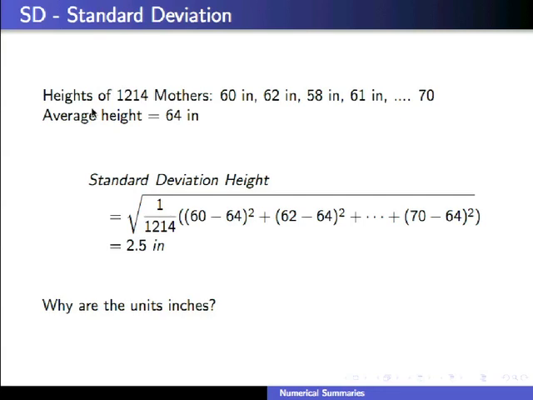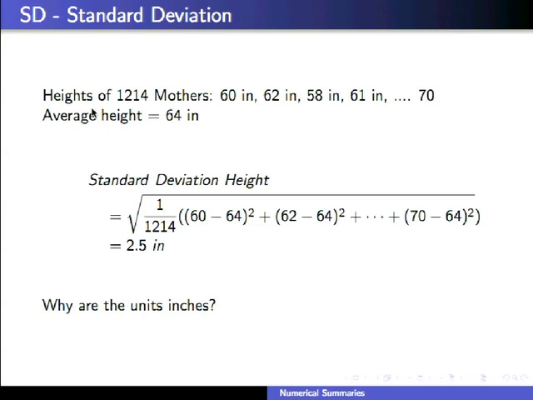Then we add it to the next deviation squared, 62 minus 64 squared, and the next, 58 minus 64 squared. We get all of those sums of squared deviations. Then we divide by the total number and take the square root. That gives us 2.5 inches in this particular case. My question to you is, why are the units in inches? Does that make sense that the units are still in inches?